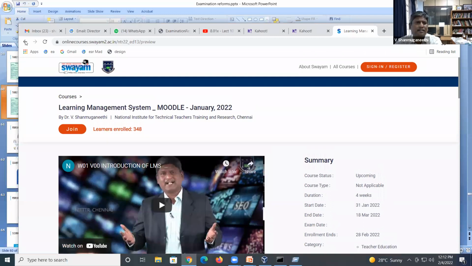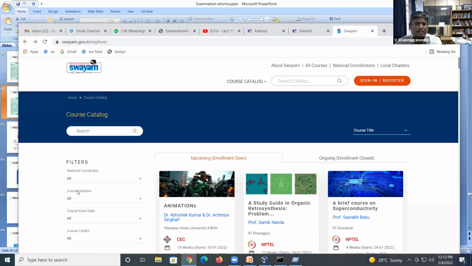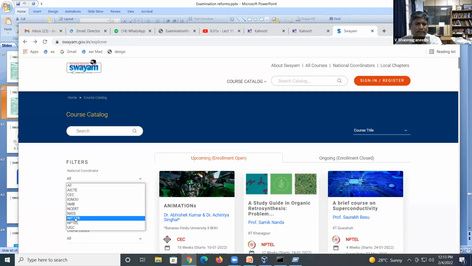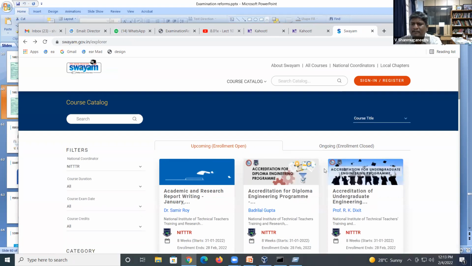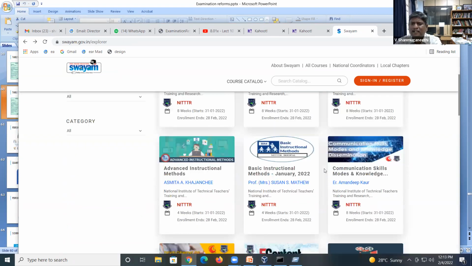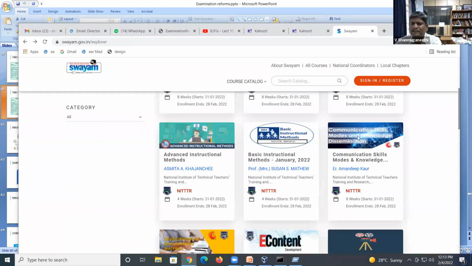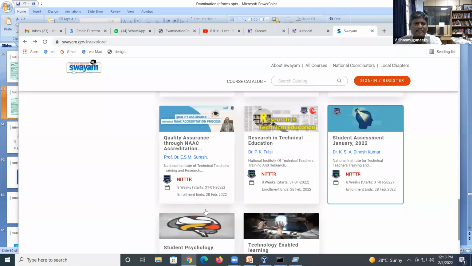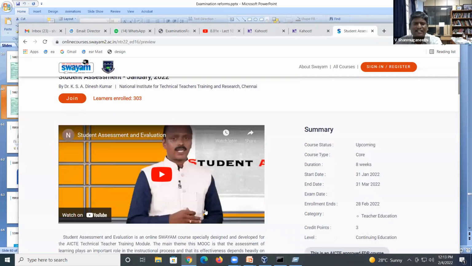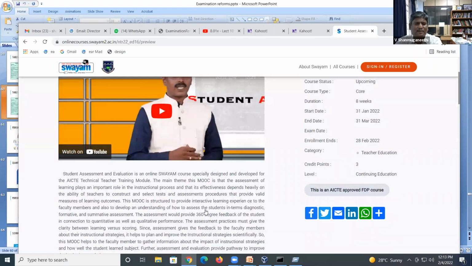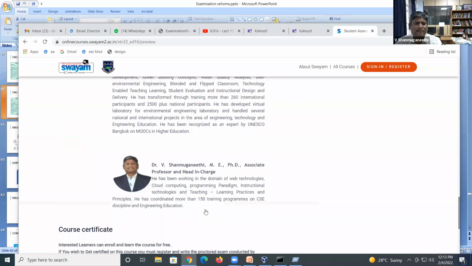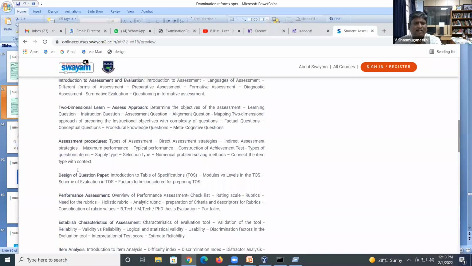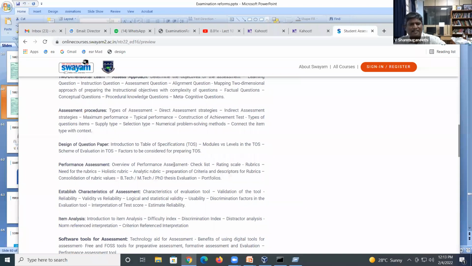If you want the detail of the question you asked, how the mapping is done, there is a session on question paper authoring and student assessment. Myself, Dr. Dinesh Kumar and Dr. Janardhan, we three are taking the course, and there we explain the complete detail: design of question paper, performance, the whole examination reform.